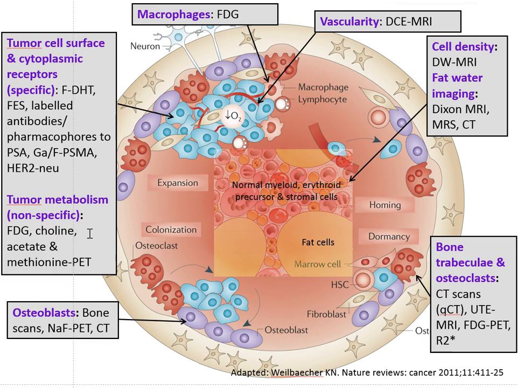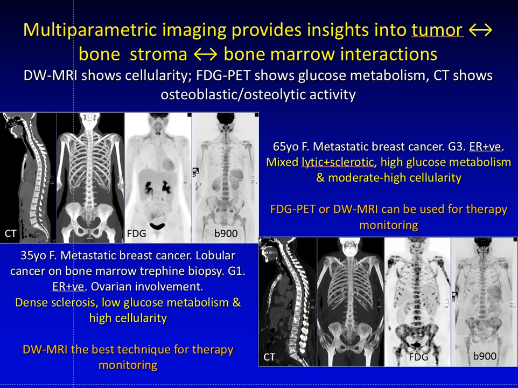And the important thing to remember is that by using different techniques, you end up with different descriptors of any given patient. So here are two patients with breast cancer. You can see that the patient on the left-hand side is a 35-year-old female, again with a lobular carcinoma.